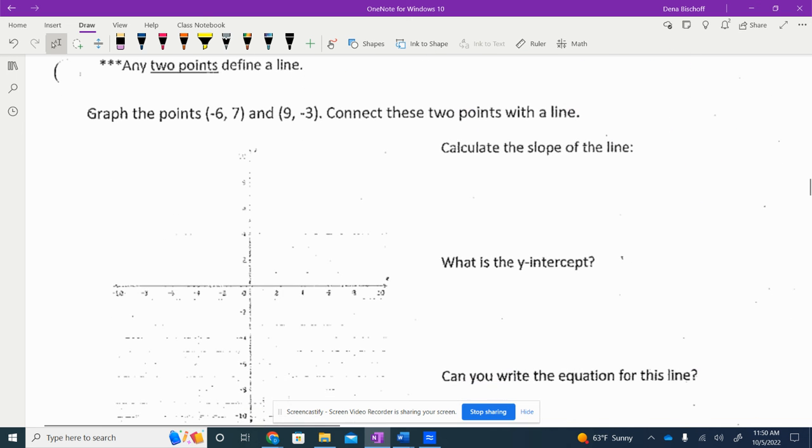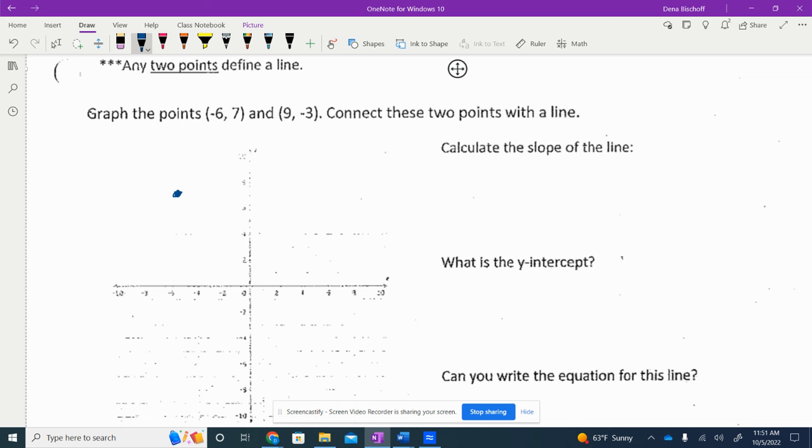So I know that's a really crappy picture of the graph, and I apologize. I'm trying to find some good graphs, but they just don't copy very well. So we're going to graph the ordered pairs. We have 2 ordered pairs, and then we're just going to connect them with a line. Then we'll calculate the slope. We'll figure out what the y-intercept is, and we will turn it into an equation, okay? So we're going to graph -6, 7. So 2, 4, -6, up 7.